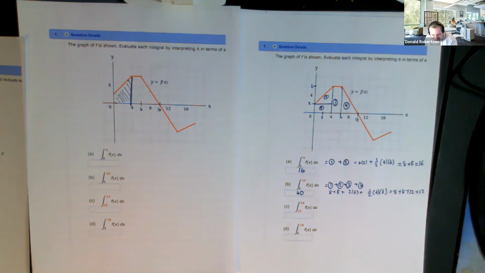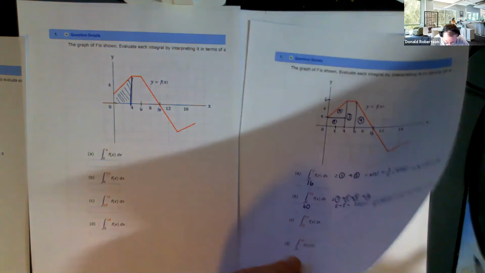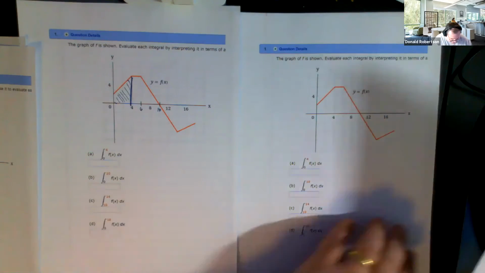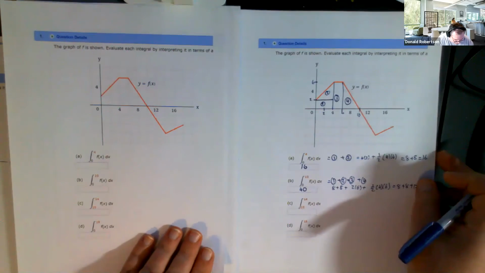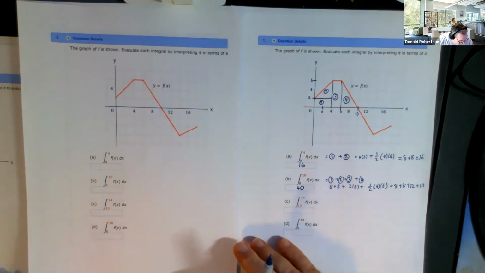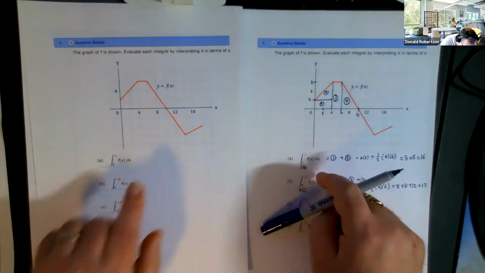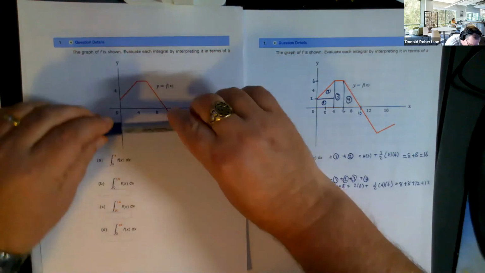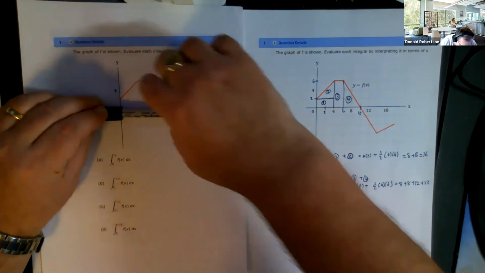So far, so good. Now, I'm going to show you something that's a little bit weird, but it's true. When we talk about the area under a curve, we mean the area under the curve down to the x-axis.